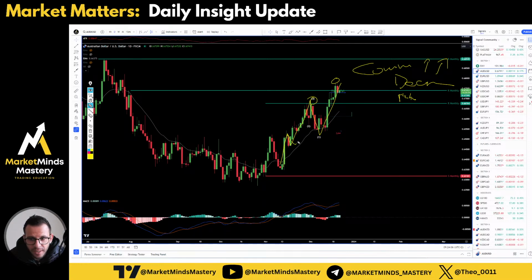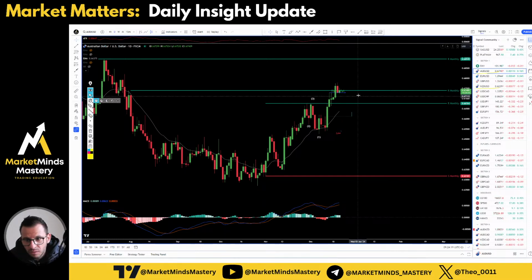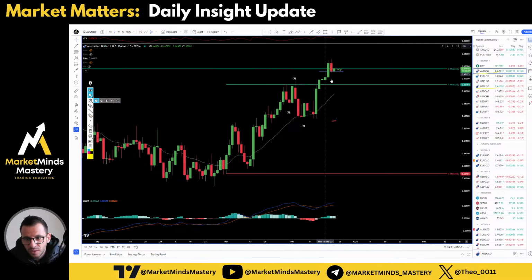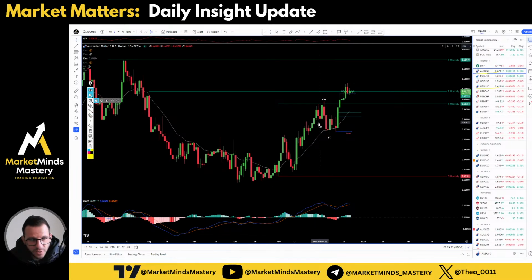So we can see uptrends on the Australian dollar and on the Kiwi, and we like to take advantage of these uptrends. I'm not looking to sell it, to be honest, because price is moving higher, creating higher highs and higher lows. So I think there is no reason to sell something that is in an uptrend.